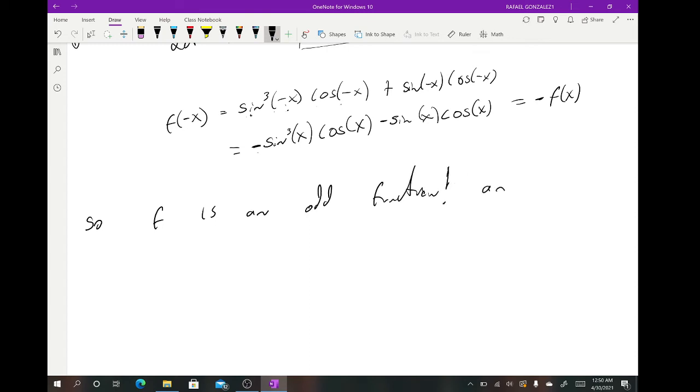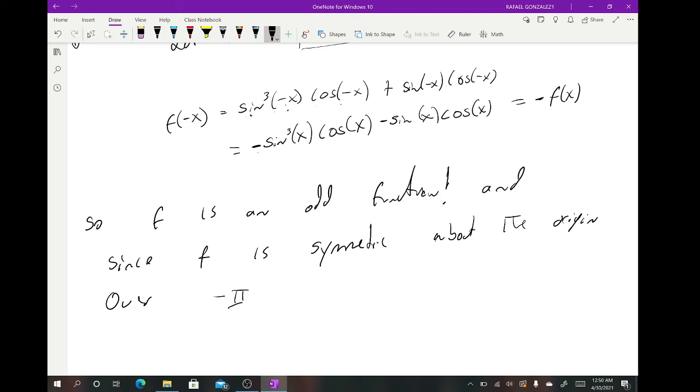And since f is symmetric about the origin, which is what we spoke about before we began the problem, over the interval negative pi over 2 to pi over 2, we can apply the theorem.